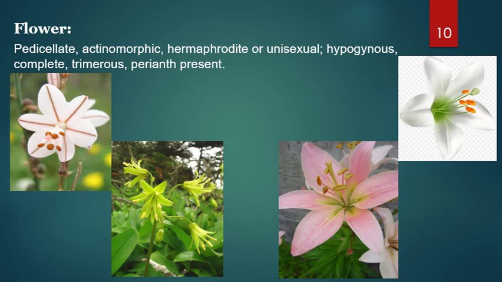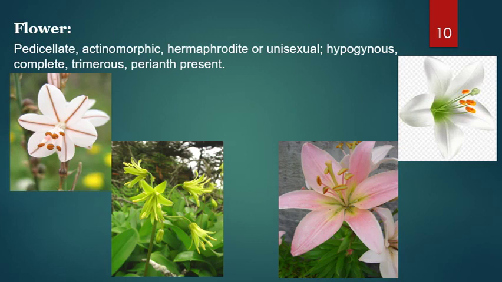In Liliaceae family, the floral leaves are arranged in 3 in each whorl, so they are referred as trimerous. One of the unique features of Liliaceae family is that perianth is present. Actually, the calyx and the corolla are collectively known as perianth. In some flowers, calyx and corolla cannot be differentiated, so the term perianth is used.